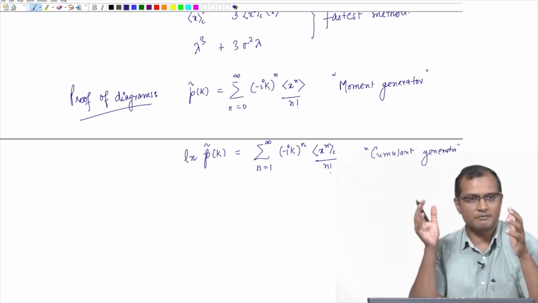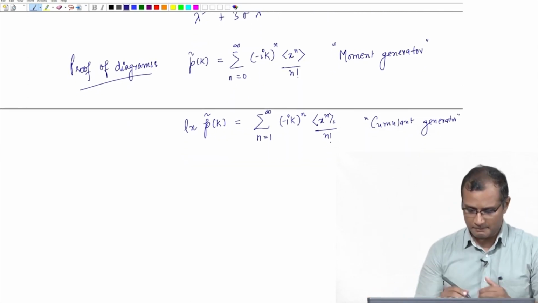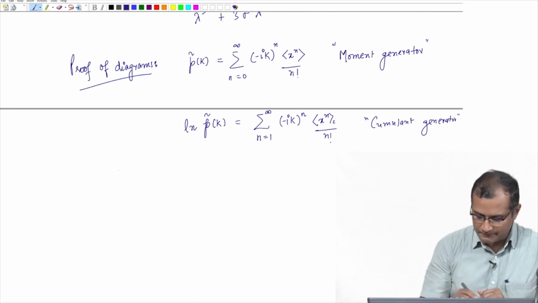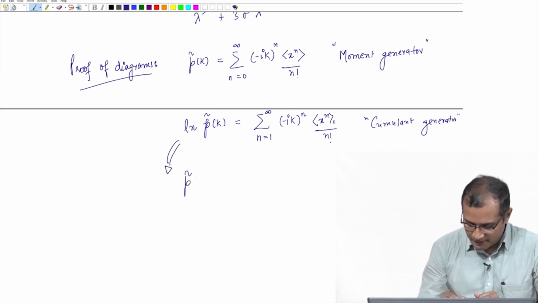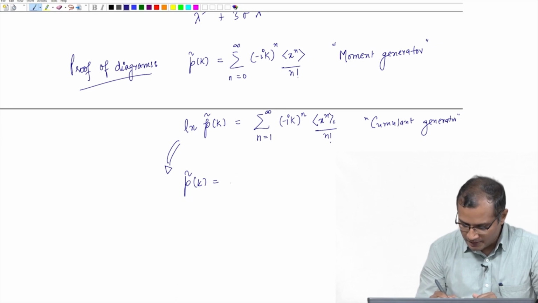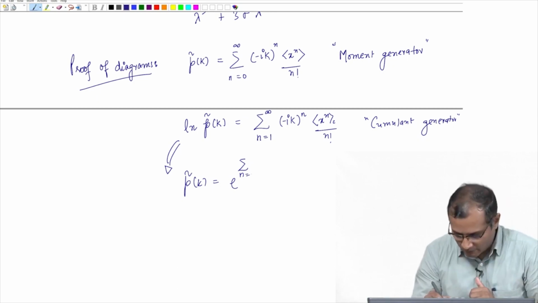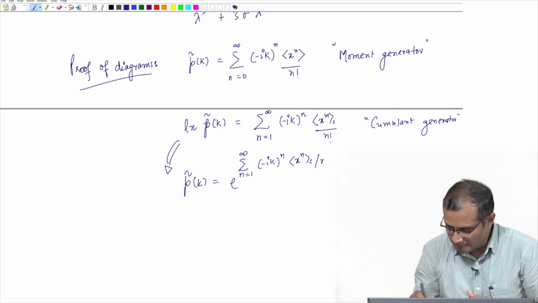So, these diagrams that I have been using for a while now can be very easily computed by simply equating. From this expression I can say that P of k is nothing but e raised to summation n going from 1 to infinity of the cumulant generator.